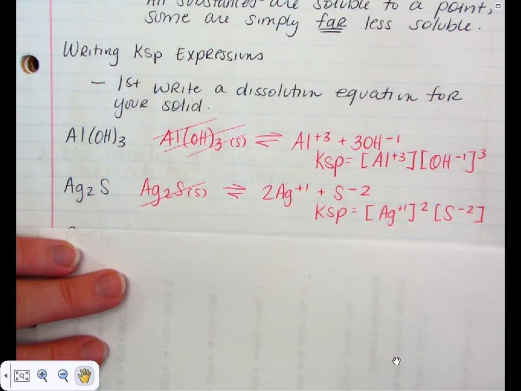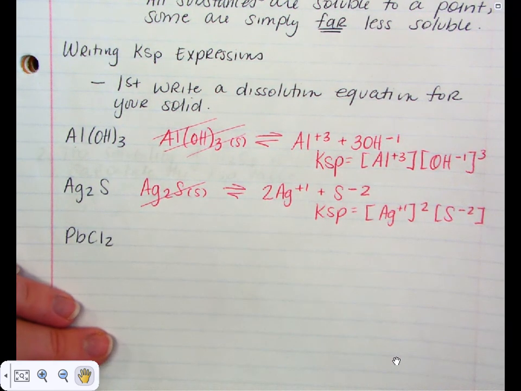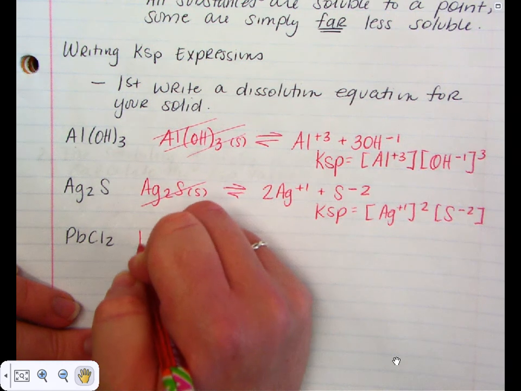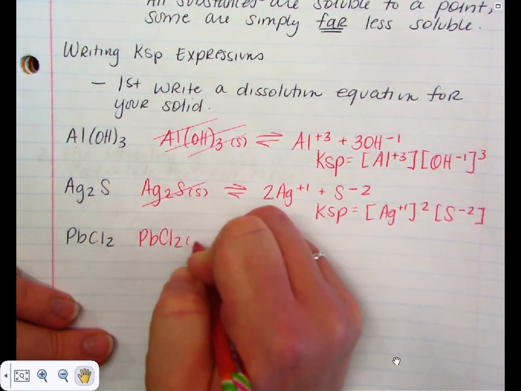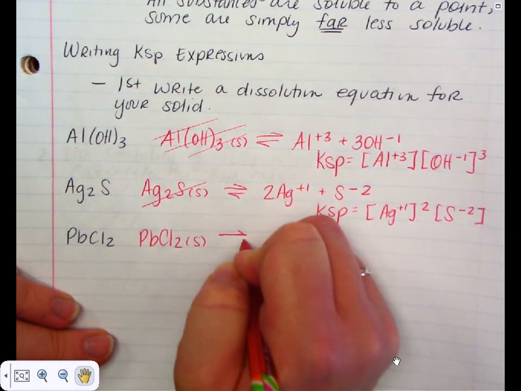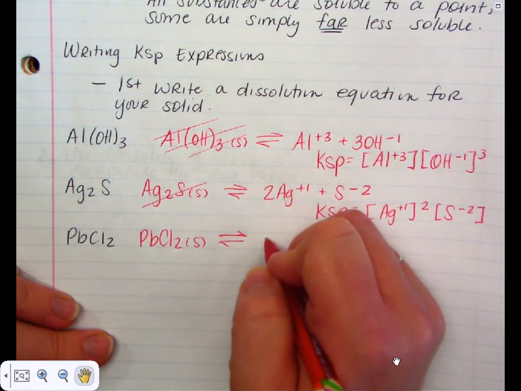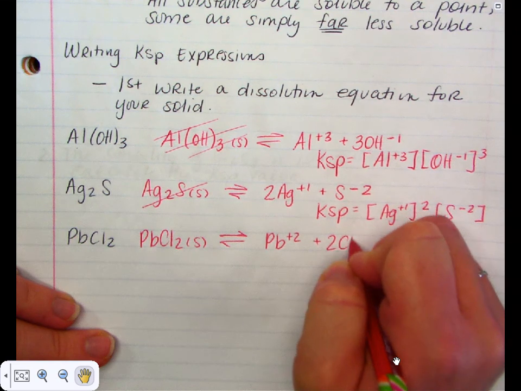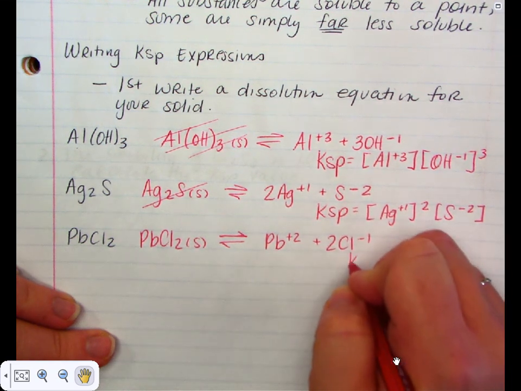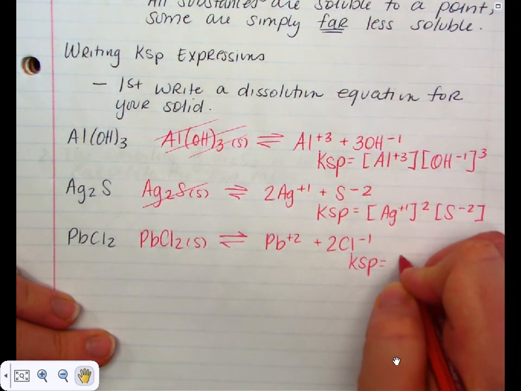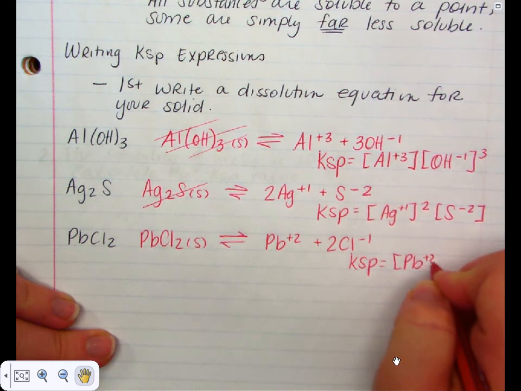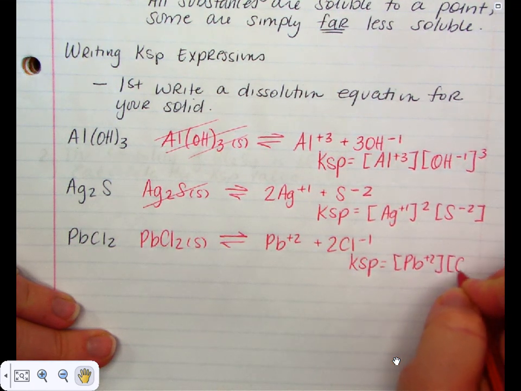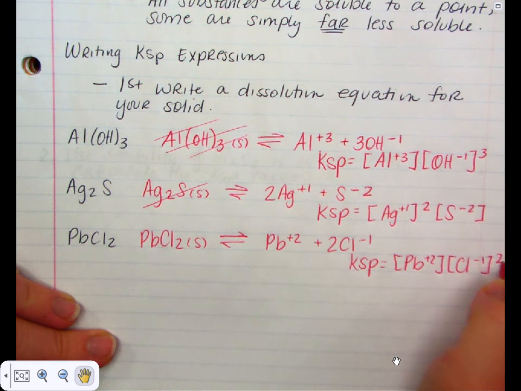Okay. All right, and then the last one we're going to do, PbCl2 solid is going to dissociate into Pb plus 2 plus 2 Cl minus 1. That's going to give me a KSP expression of Pb plus 2 times Cl minus 1 squared.